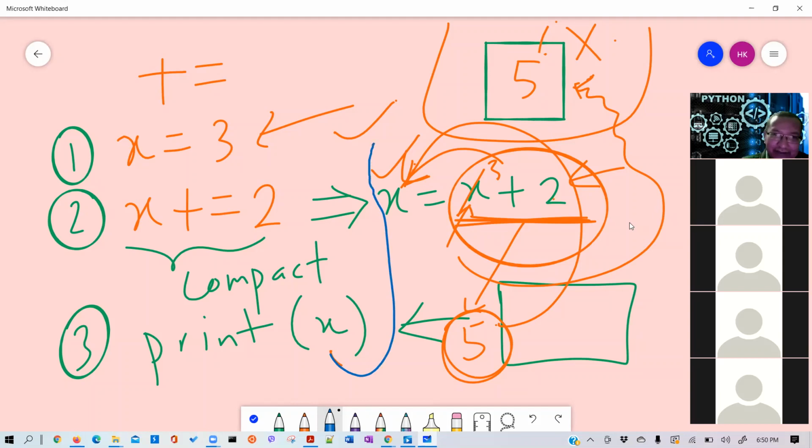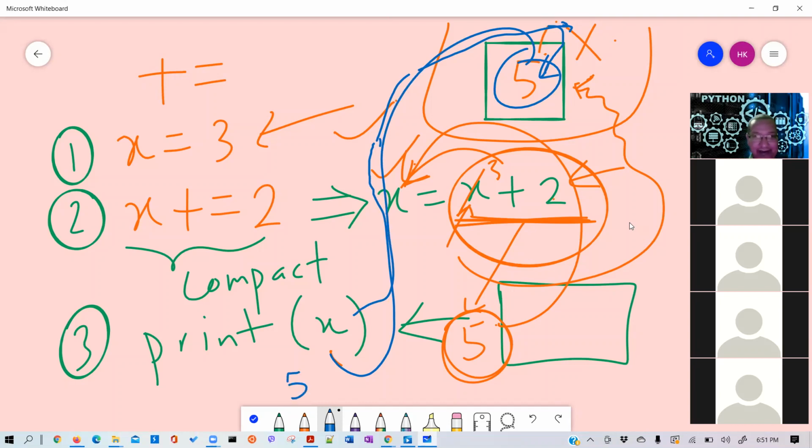The execution engine goes to the memory, finds x. Where is x? Oh, here's x. What's in there? Oh, there's 5. It grabs whatever number is in there, and then prints it to the output console. This is how it works.